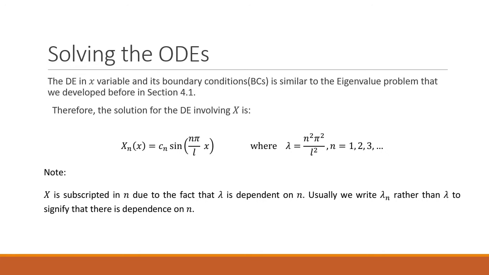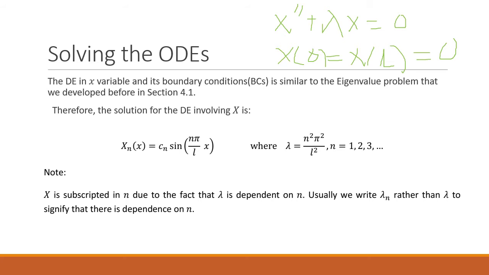Okay, jadi untuk solve X variable tu, yang X double prime plus lambda X equal to 0, okay, with boundary condition X(0) equal to X(L) equal to 0.